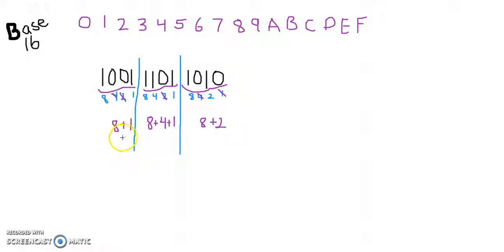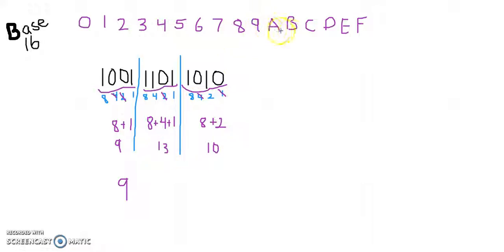All right, so the answers to these equations, we have 8 plus 1 equals 9. 8 plus 4 plus 1 equals 13. And 8 plus 2 equals 10. So now we're ready to put this to the number line. We have a 9 in our number line. Yes, we do. We have a 13 in our number line.